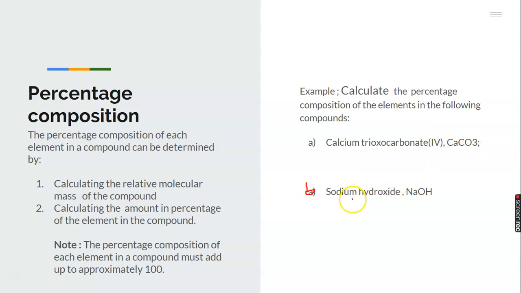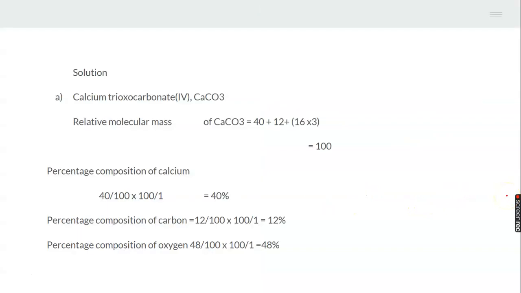And the second one is to calculate the percentage composition of sodium hydroxide. I'll do the first one for you. I want you to try the second one on your own, because it's better to replicate that very problem by trying it on your own.